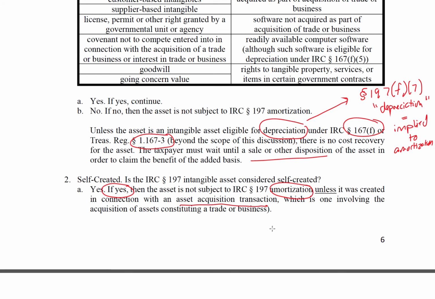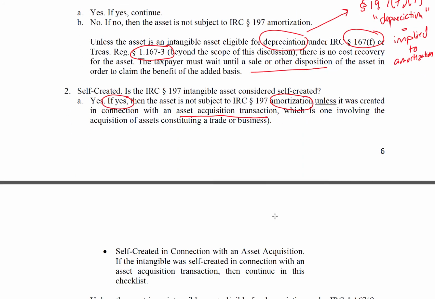Now, you might be able to get some other type of research and expenditure treatment with respect to self-creating a patent, or some other way you can take these faster deductions, just so you know. But you're not allowed to do it under Section 197 amortization of intangibles.